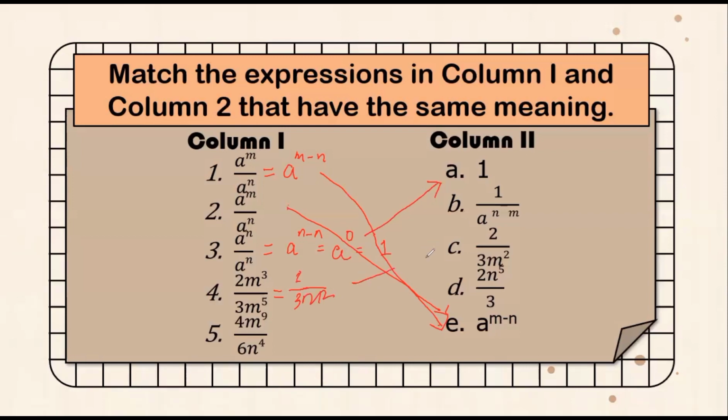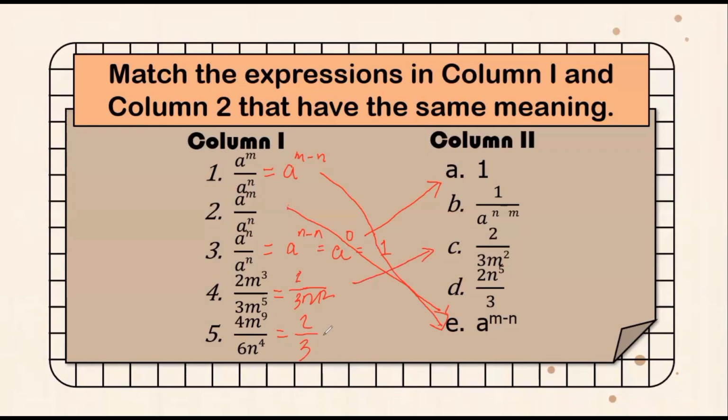That's letter C. While for number 5, we have 4 over 6. It can still be simplified because they still contain a common factor, which is 2. Both are still divisible by 2. So 4 divided by 2 will give you 2, while 6 divided by 2 will give you 3. And then m raised to 9 over n raised to 4, can we divide m raised to 9 by n raised to 4?